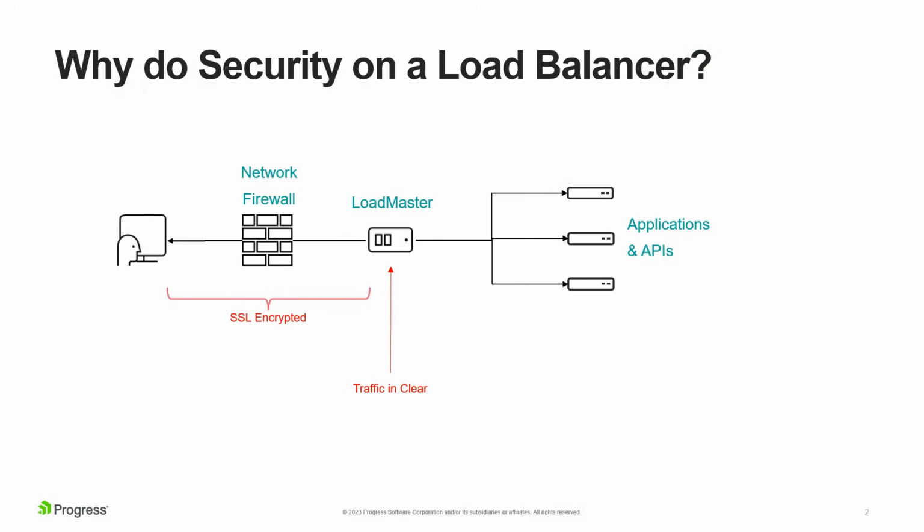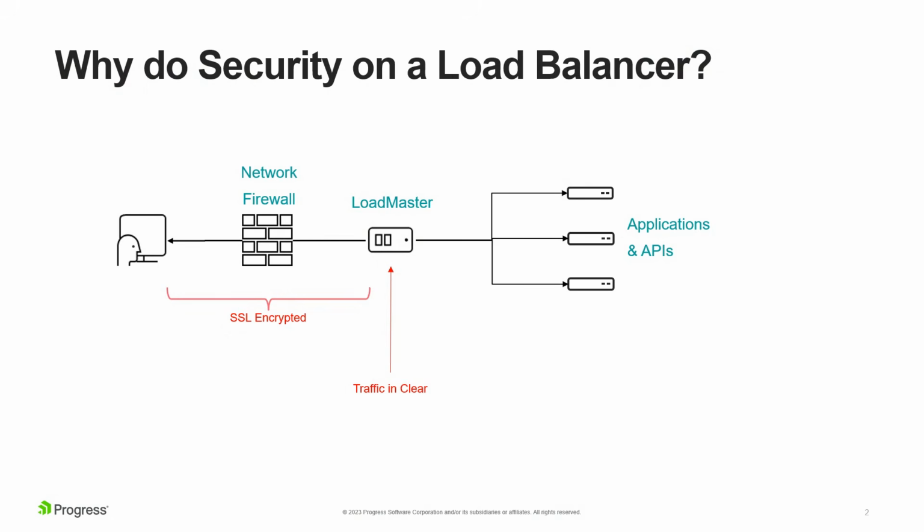And on the load balancer, we've got an opportunity to apply another level of security when attacks are based not at the network level, but at the application level. These are hackers that are trying to exploit application weaknesses, maybe poor user authentication, weak credentials, credential stuffing, various attacks that happen above the network level. From the firewall's point of view, this will all look like legitimate traffic going into a website or a web application or an API.